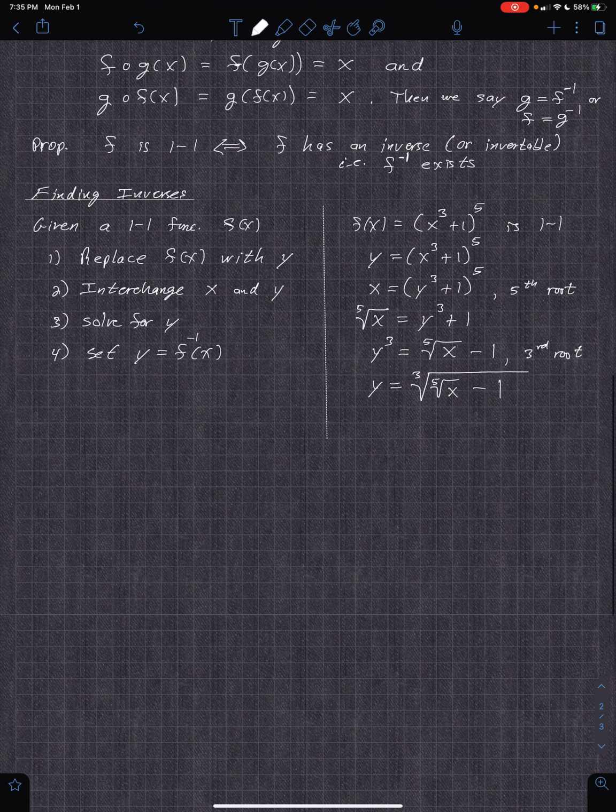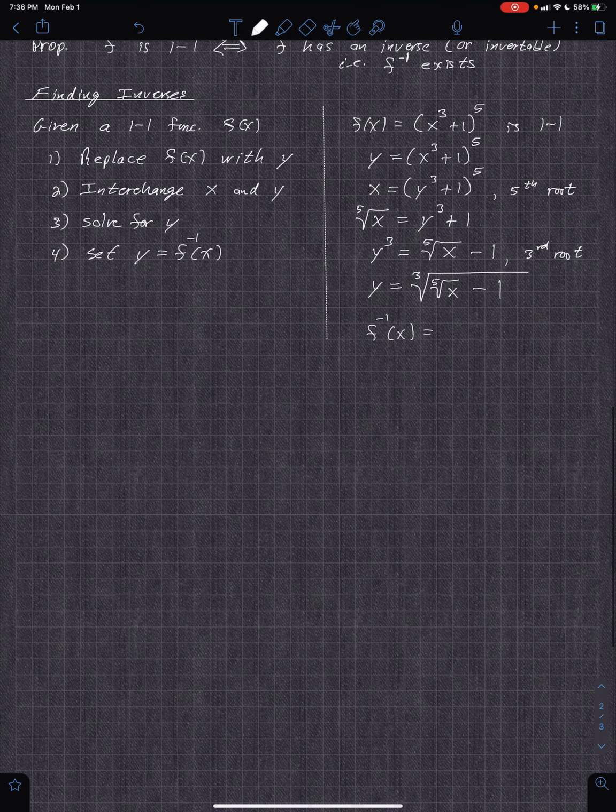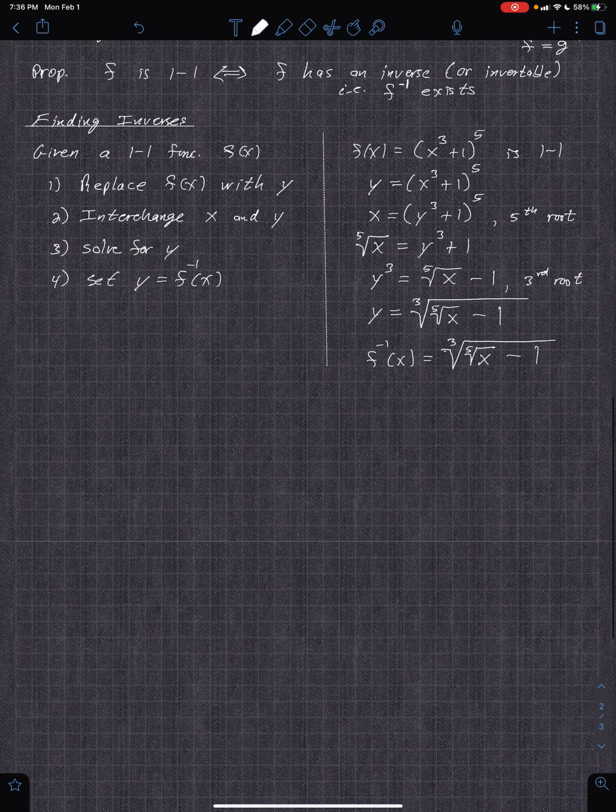And then set y equal to f inverse. So then f inverse of x is equal to all of that, which is the third root of the fifth root of x minus 1. No idea what that looks like. I just picked a question that was going to be a little more interesting.